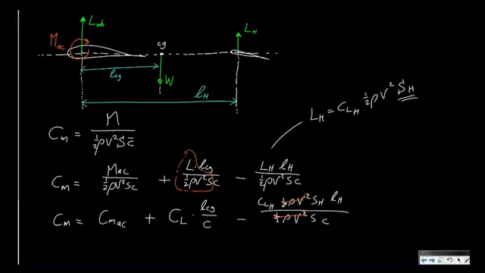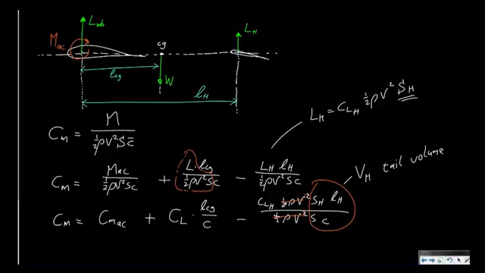So what we're left over with is this part of the equation. And this we give a specific name because we have to write this a lot of times. We call this the tail volume, VH. It's a volume because it's a surface area times a length, but it's not a real volume. It's the surface area of the horizontal tail times the arm of the horizontal tail divided by SC of the wing.